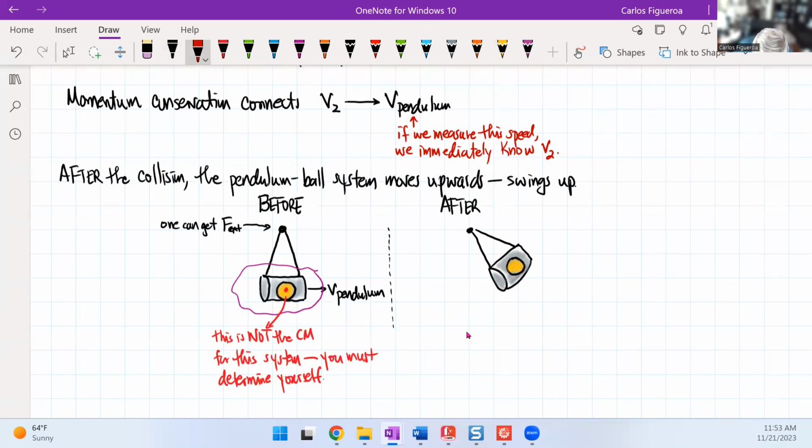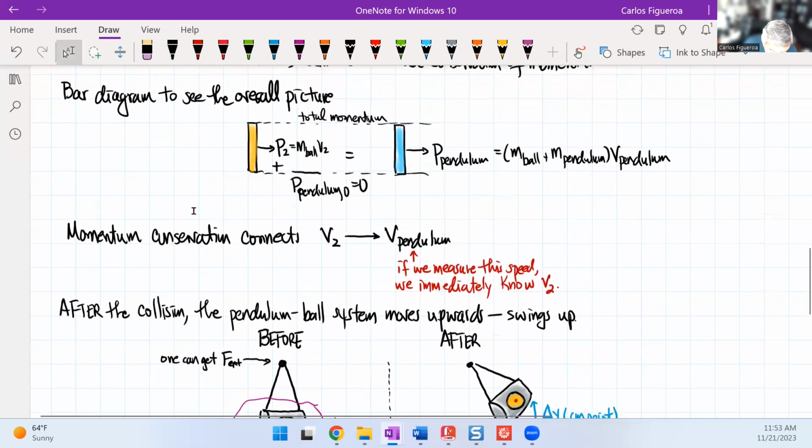And again, this is not the center of mass, but we're using this as a discussion point. And what you're finding here is that if I now look at the center of mass point here, this is the height that you want to pay attention to. This is the height change of the center of mass point. And that's what you want to measure right there.